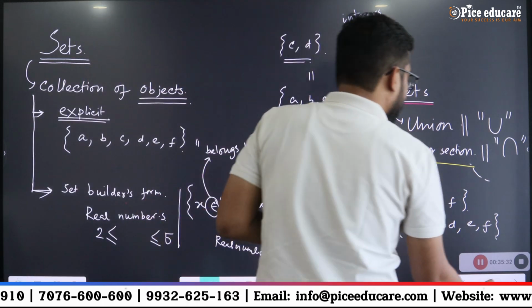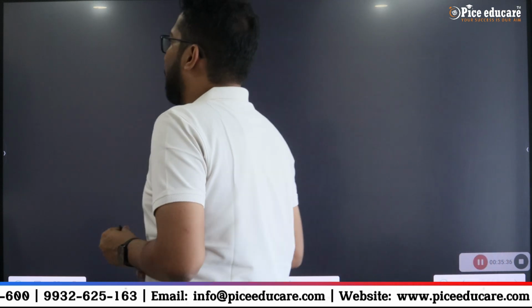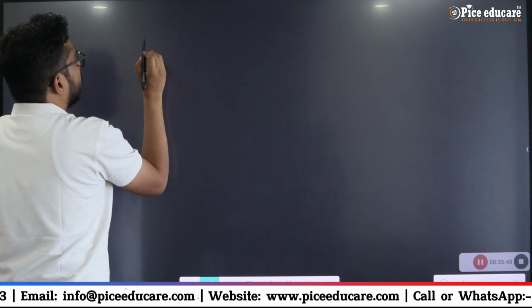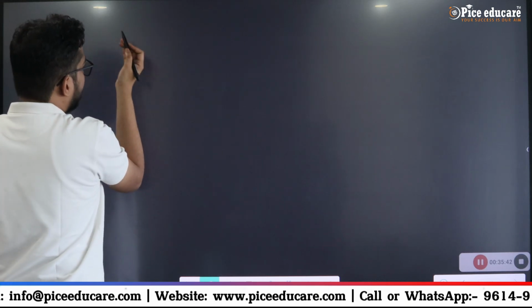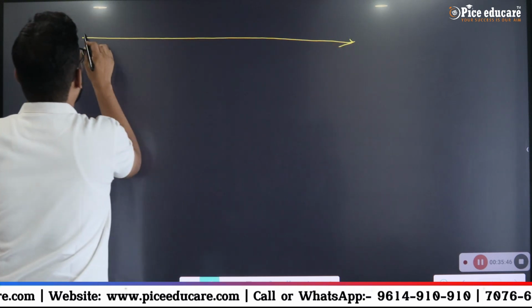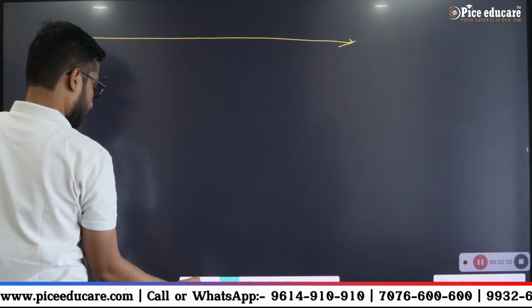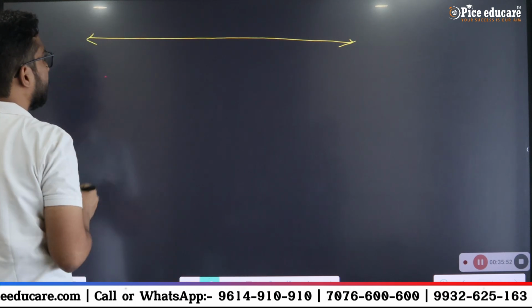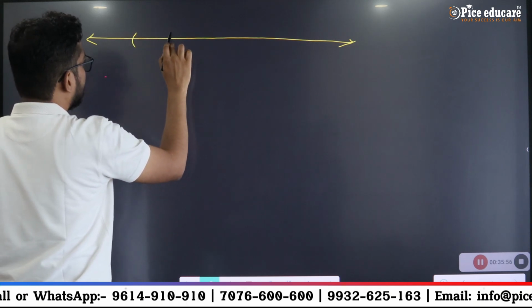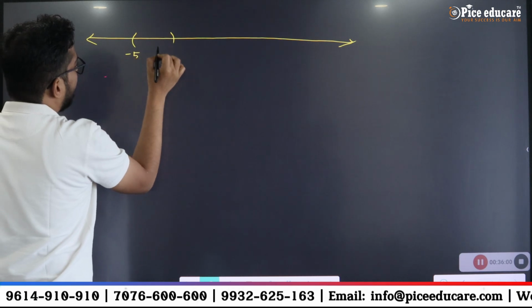So for example, I give you two subsets on the real line. One is this. And by the way, suppose this number is -5 and this is 1.